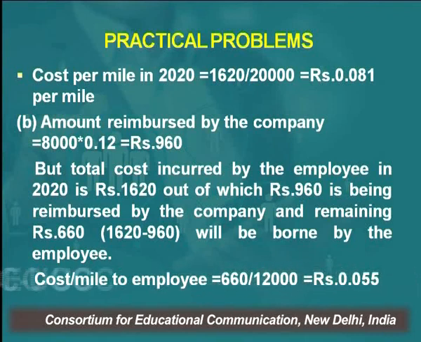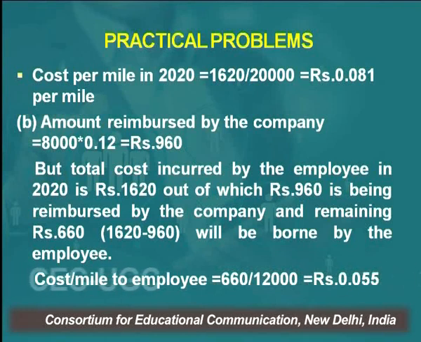The cost is 0.081, but the company reimburses at the rate of 12 paisa, the same rate as the previous year 2019. So 960 rupees is being reimbursed by the company.